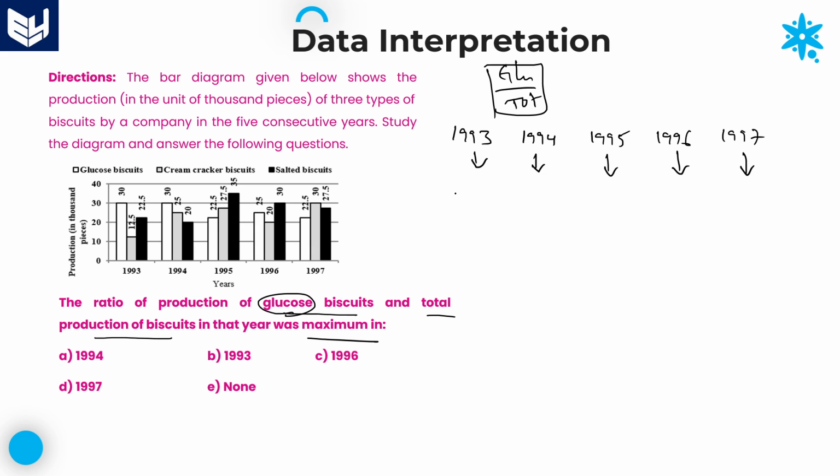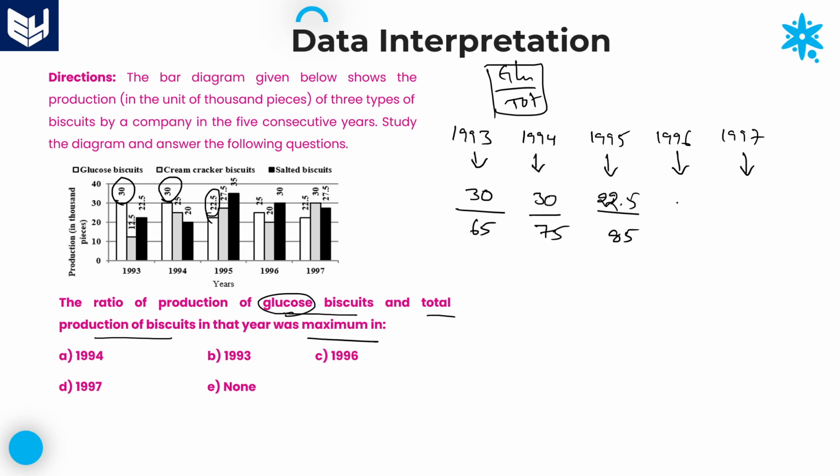First, 93. Sorry, 93 glucose 30, whereas the total value is 65. We just calculated that. And next, 94. 94 glucose 30 and total 75. 95 glucose 22.5, divided by total 85, right?